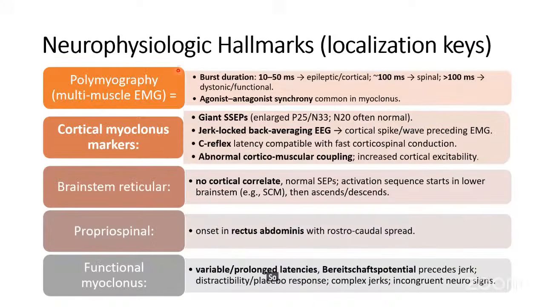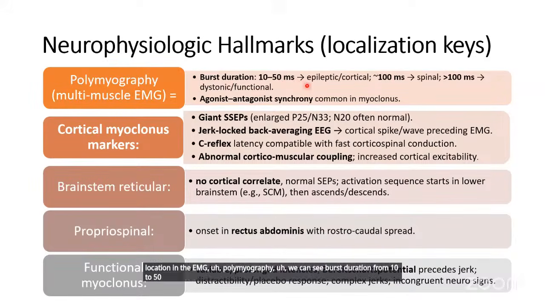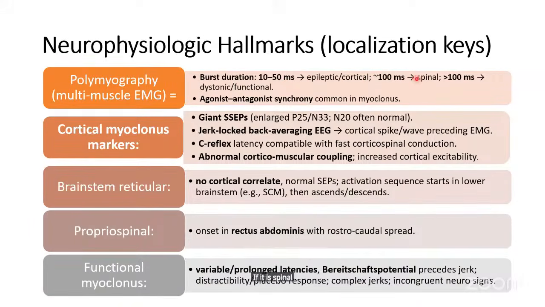Neurophysiological hallmarks help localize these according to location. In EMG polymyography, we can see burst duration from 10 to 50 milliseconds in epileptic or cortical myoclonus. If it is spinal, it is around 100 milliseconds, and greater than 100 in dystonic or functional.